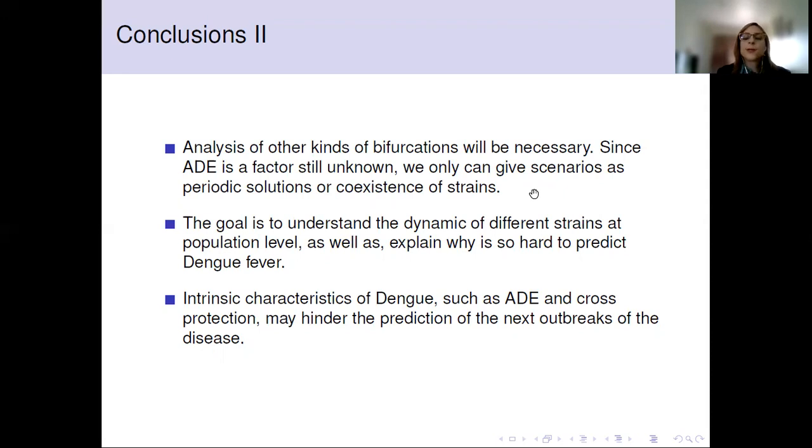So we understand the dynamics of the disease at the population level, and we try to explain why it's so hard to predict dengue fever because of these characteristics of dengue, such as antibody-dependent enhancement and cross protection.